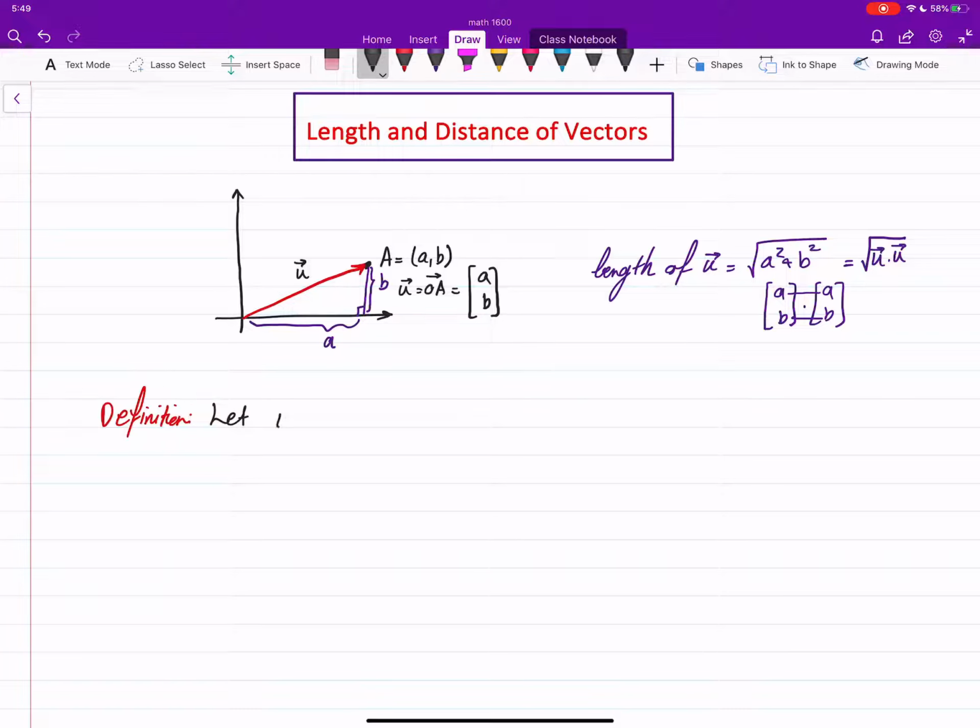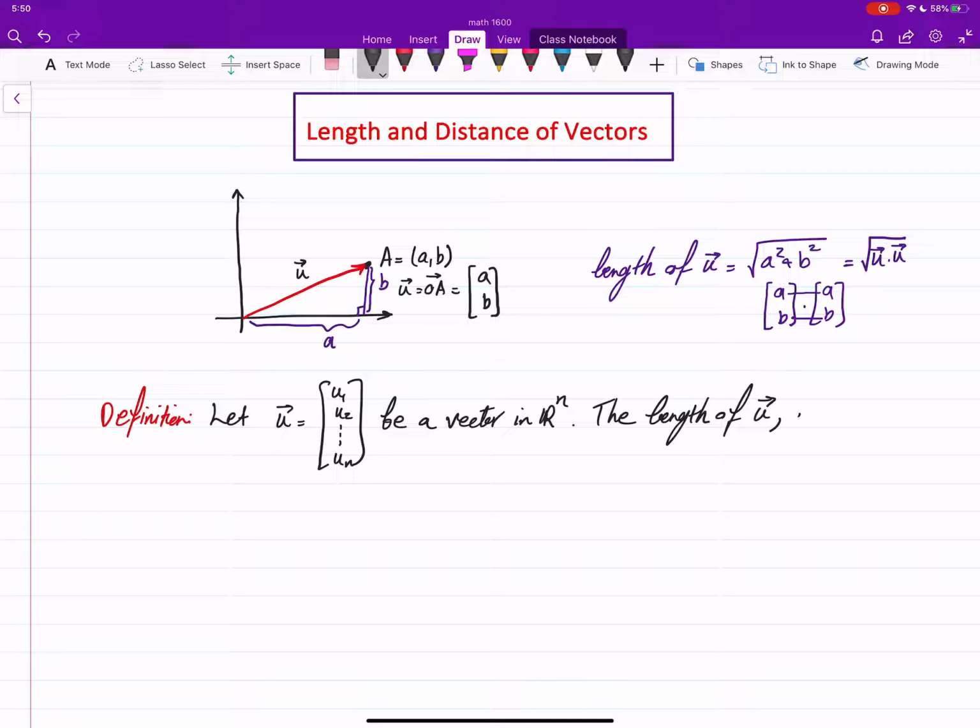Let u, which is a vector with n components, be a vector in Rn. The length of the vector u, how do we denote it? We denote it by double lines: put u in double lines, and that is how we denote it.